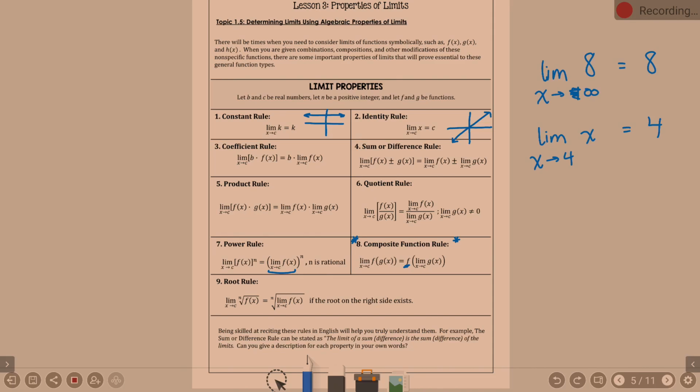And so for this right here, they're saying the limit of the sum is equal to the sum of the limits. So it's saying that you can do the sum and then do the limit, or you can do each of the limits and then do the sum. Okay, that's how they're putting that into words there. So let's try to apply some of these.